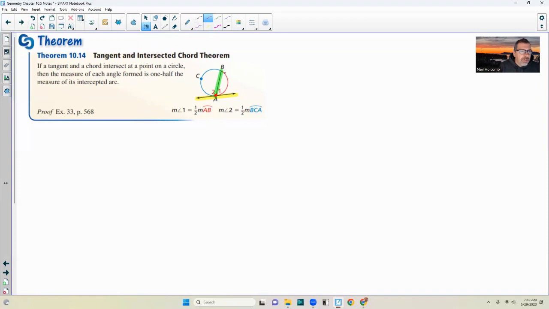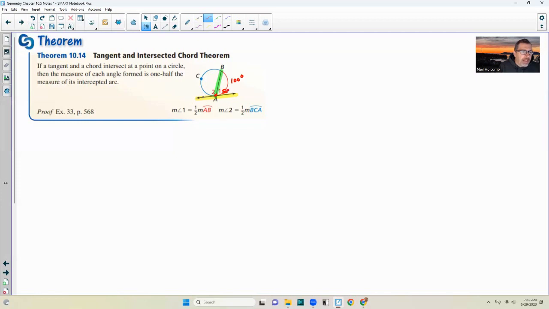Okay, so this arc right here is obviously less than half of a circle. Let's just say that it is 100 degrees. If this AB arc was 100 degrees, then angle 1 formed by that chord and that tangent would be half of that, or 50 degrees.